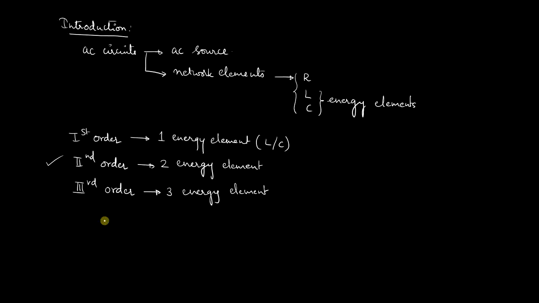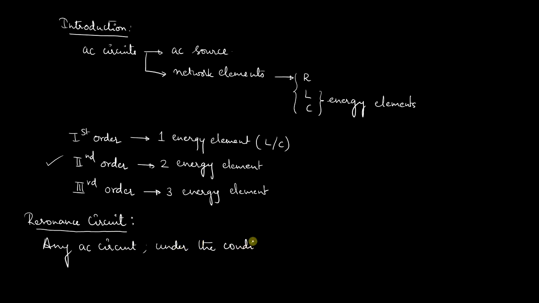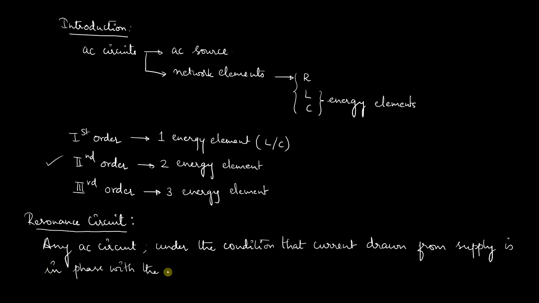Now let us define what a resonance circuit is. Any AC circuit can be called a resonance circuit under the condition that the current drawn from the supply is in phase with the sinusoidal voltage. Graphically, I can represent this as a waveform corresponding to the applied voltage.